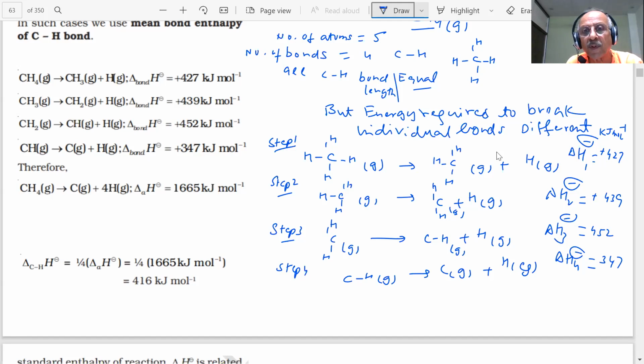If I add all this, what will I get? What is the sum of these values? Can you add these values? Tell me what answer you are getting.